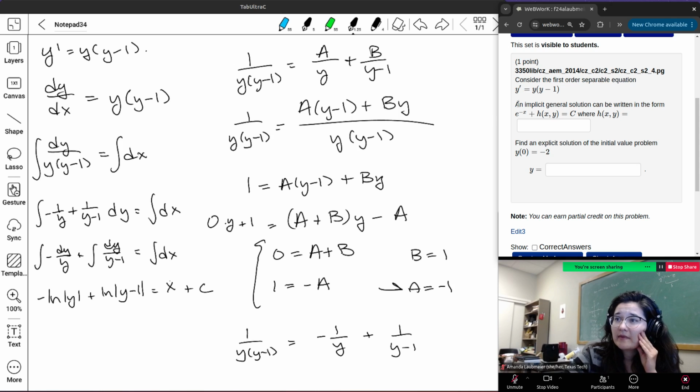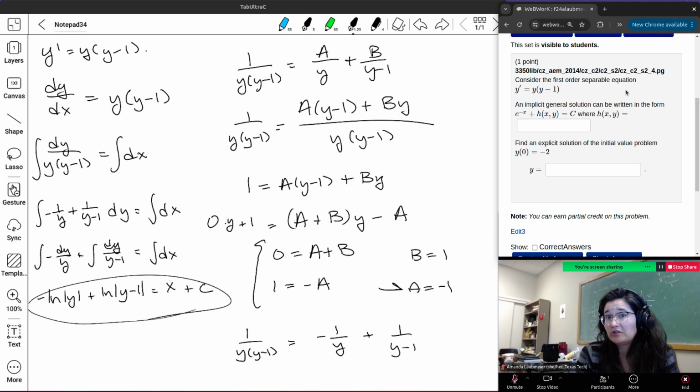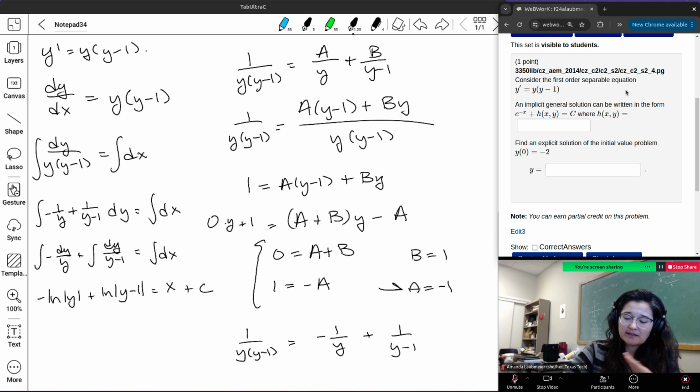And so if this was an exam, you could go ahead and say, this is my implicit solution, and you would be fine. But because this is web work, it needs to get your answer in a specific way, so it asks us to manipulate it to do that.